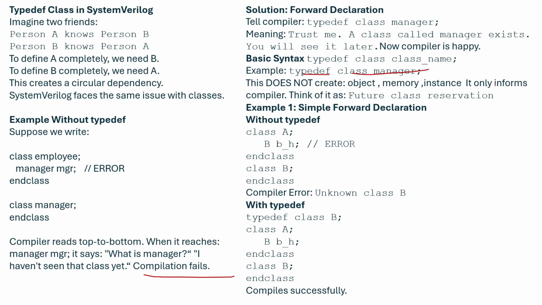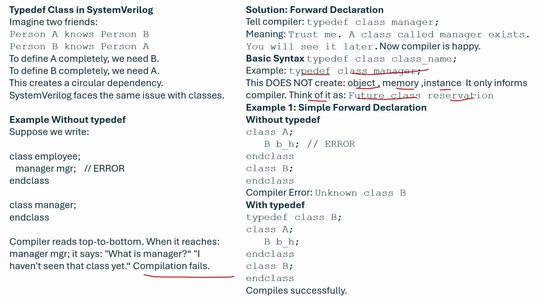If you are declaring the typedef class, you can create that class somewhere else, and at that time we can create the handles and objects. But initially, it tells the compiler this class exists, don't worry, so I can give you the handle for that. That's what he's saying: this does not create the object, memory, or instance. It informs only the compiler. Think of it as a future class reservation.